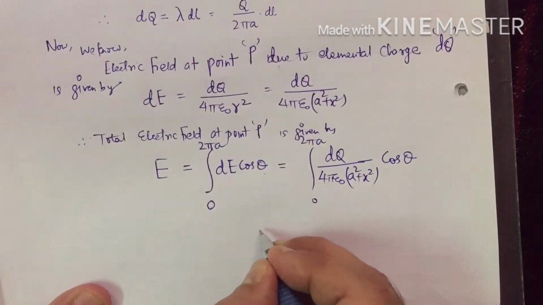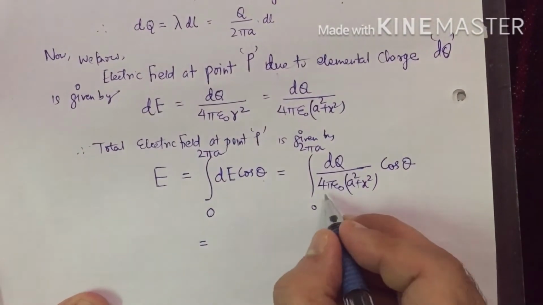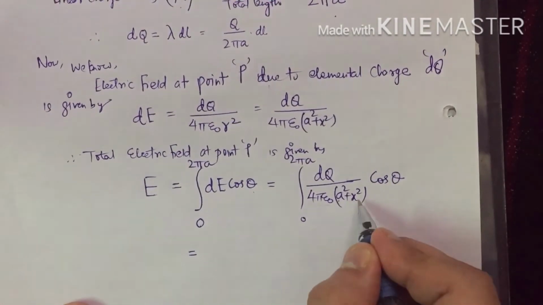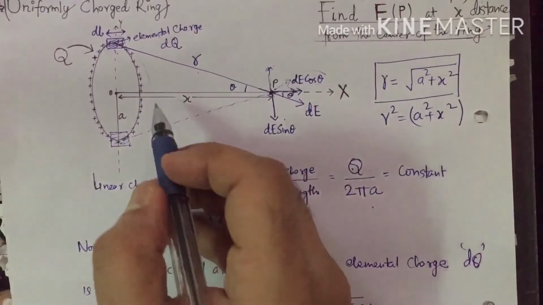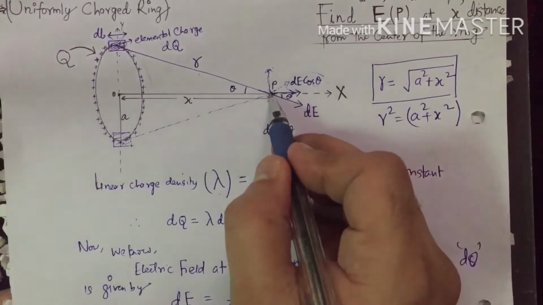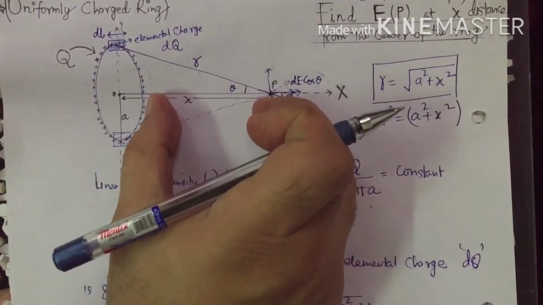Okay, so 4 pi epsilon naught is constant, a is constant, x is also a constant quantity. We have been told to calculate the electric field at point P, which is at a distance x. So for a given point, x is constant.